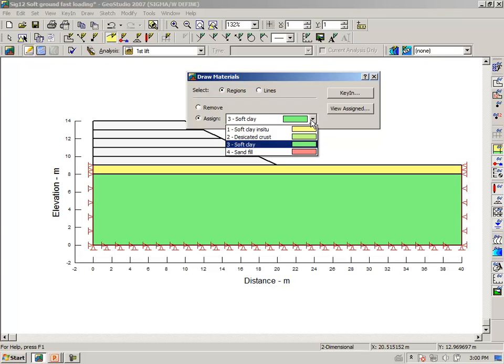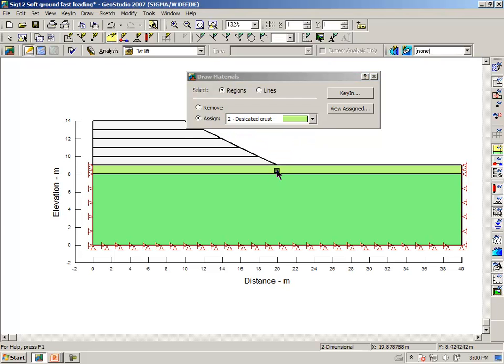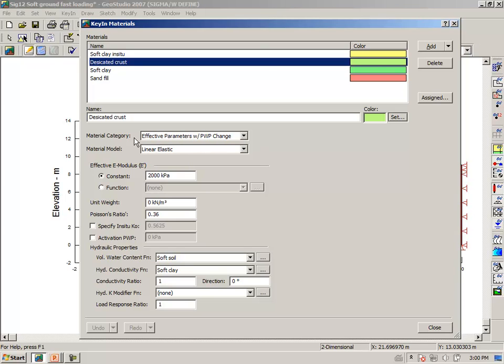We have another material which is the superficial desiccated crust, which is the upper meter as a superficial desiccated crust. In this particular case, we have said that it will be effective parameters with pore water pressure change, like in a coupled analysis.